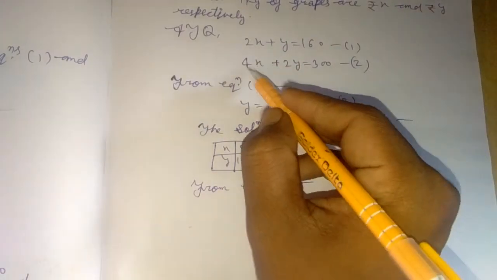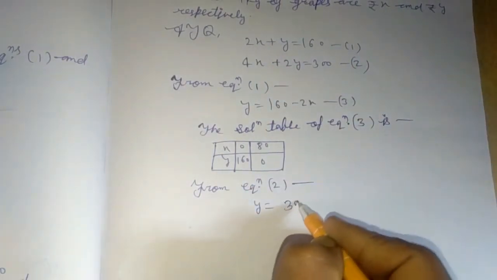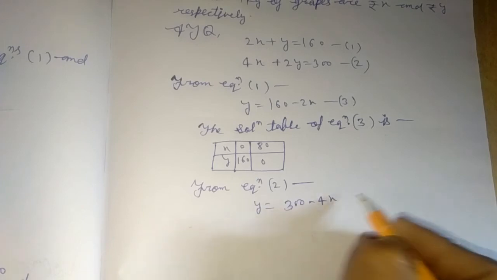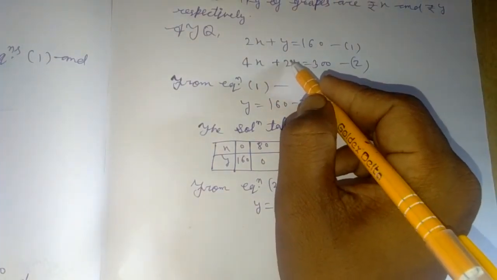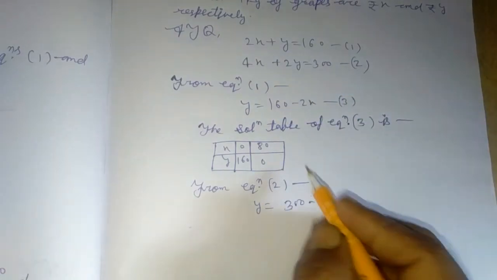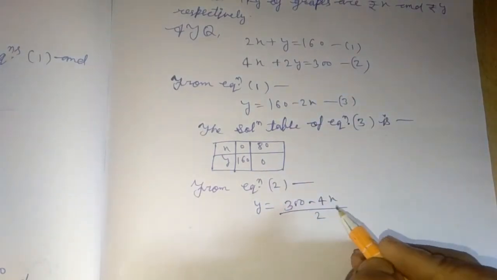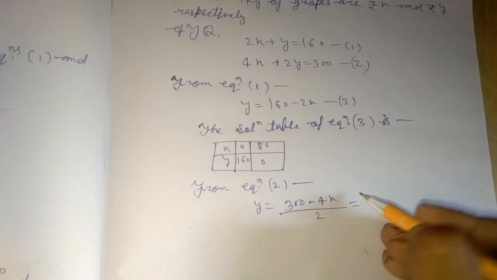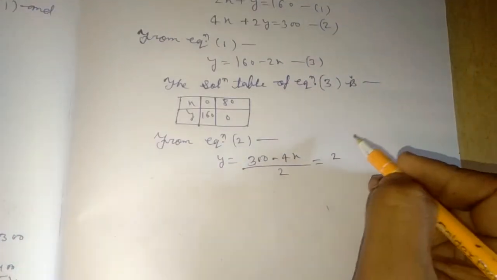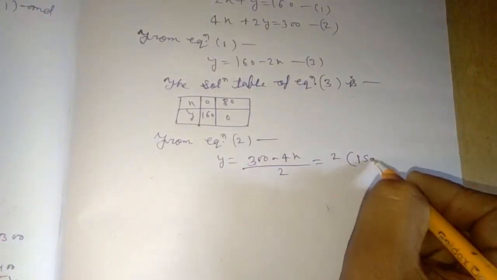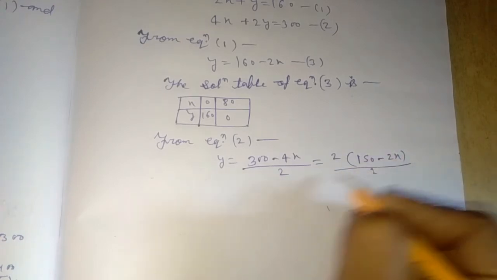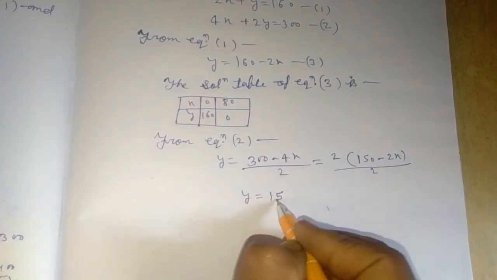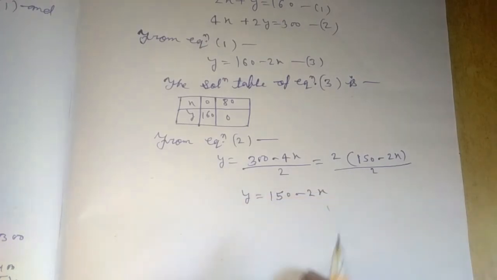Transferring the 4x to the other side, we get 300 minus 4x, and the multiplier of y is divided to the right side. Now take 2 common in the numerator. We get 150 minus 2x upon 2. So y is equal to 150 minus 2x.